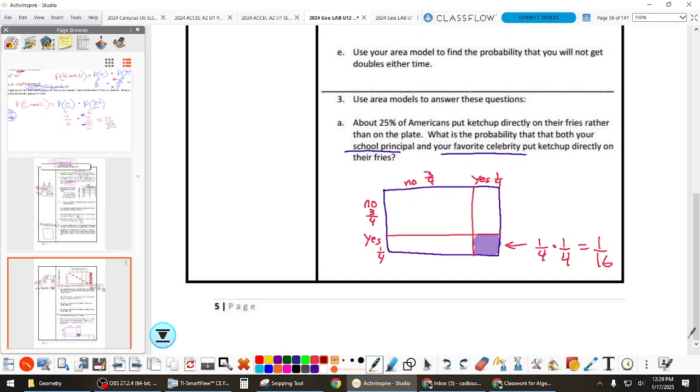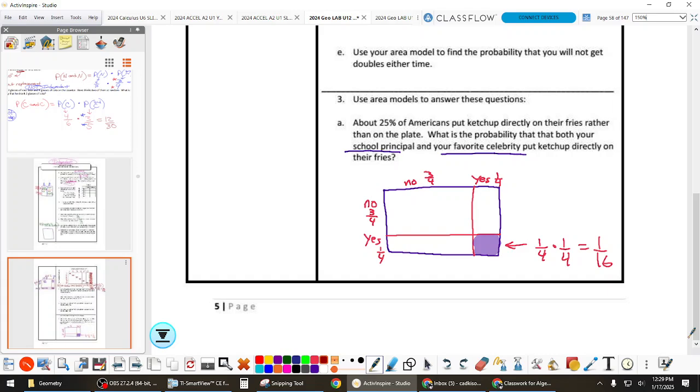Remember, an area model is a tool that you don't have to use, but sometimes it's very helpful. When can you use an area model like this? What did we write at the top of page 4? It has to be independent, for it to be just a straightforward use of this. You can get creative sometimes when it's not, but it really needs to be this kind.